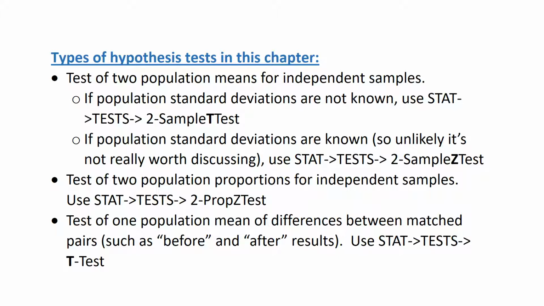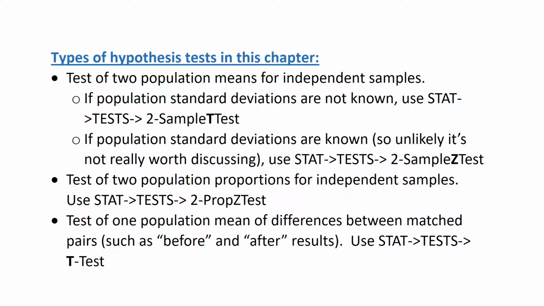If it is two independent samples and we are comparing population proportions, under stat tests, we would do the two-prop z-test. For proportions, we always conduct a z-test because for proportions, we always approximate that binomial distribution with a normal.